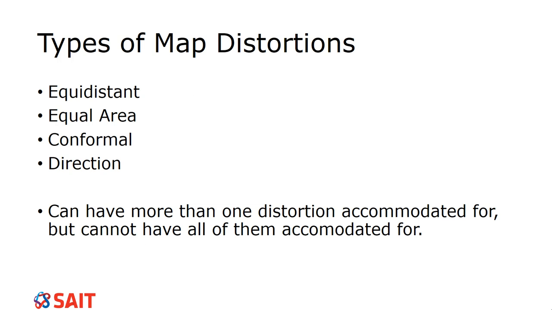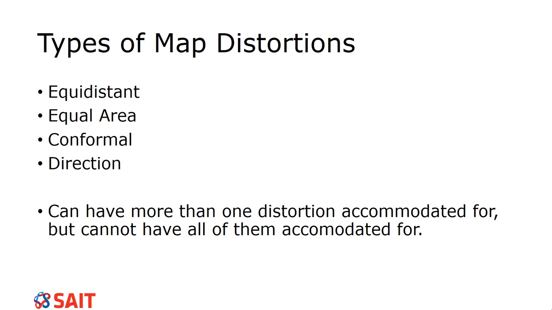You can think about a parallelogram versus a square. An equidistant might have a square, where equal area will be a parallelogram. If I try to take the distance between two points in the parallelogram, they're going to be different than what they are in an equidistant. That's the difference between them.